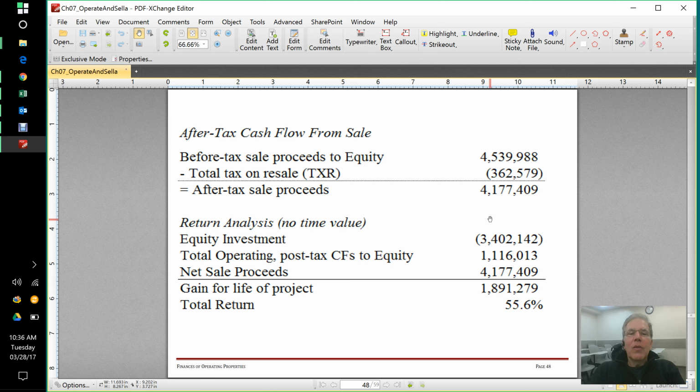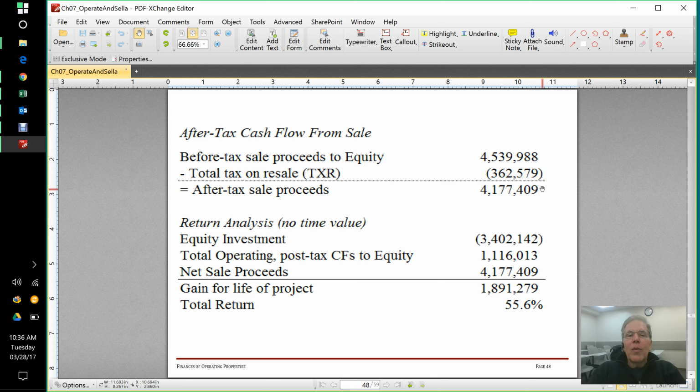So let's see what we've got here now. Remember, we want to figure this all out for equity. And at the end of the day, we're going to take all the numbers that we've created and put them into what? Comprehensive after-tax cash flows for equity, and get an NPV for this project and maybe an IRR for the whole project, but certainly an NPV.